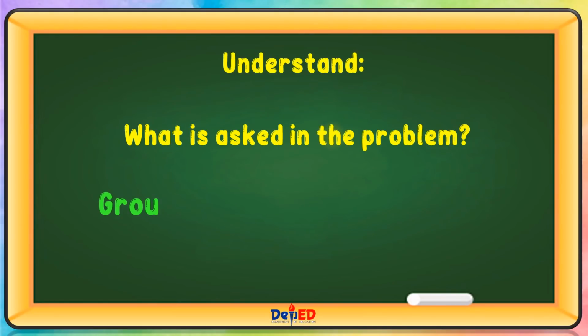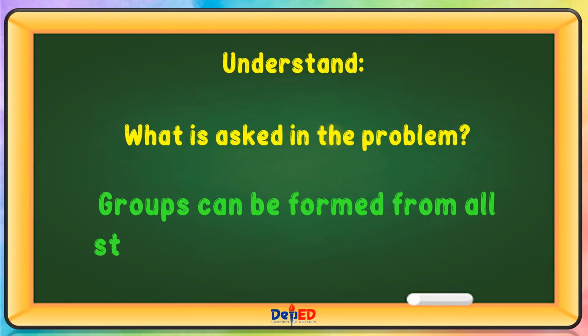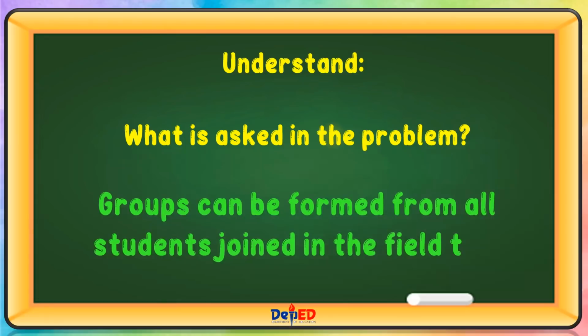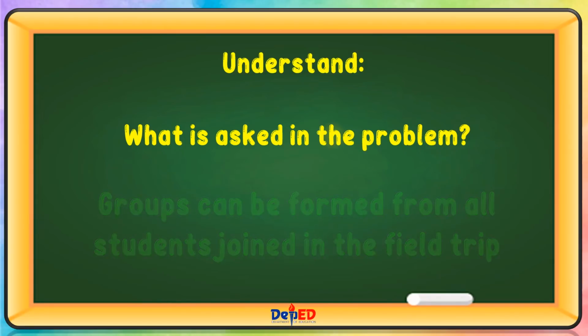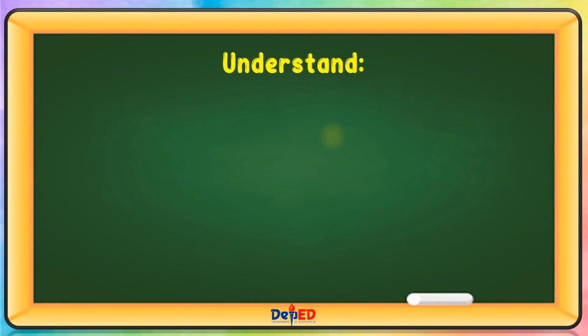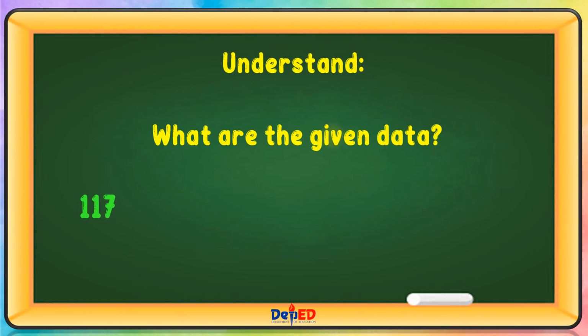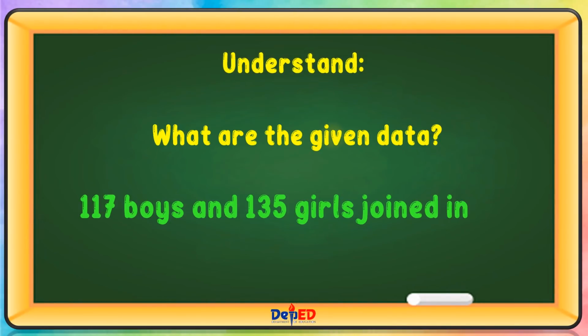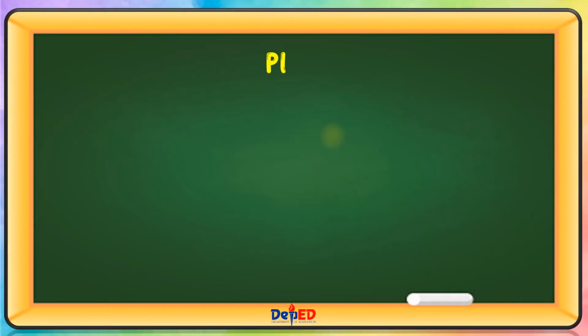Let us understand what is asked in the problem. Groups can be formed from all students who joined in the field trip. What are the given data? 117 boys and 135 girls joined in the field trip. Let us plan. How will I solve the problem?